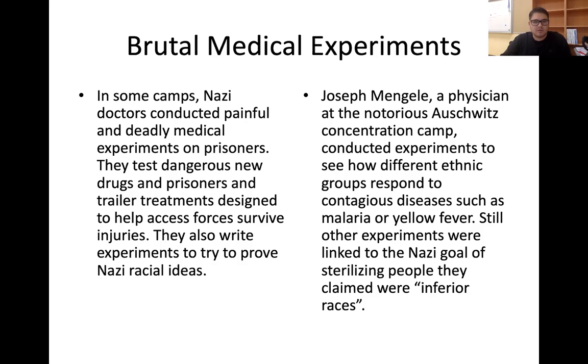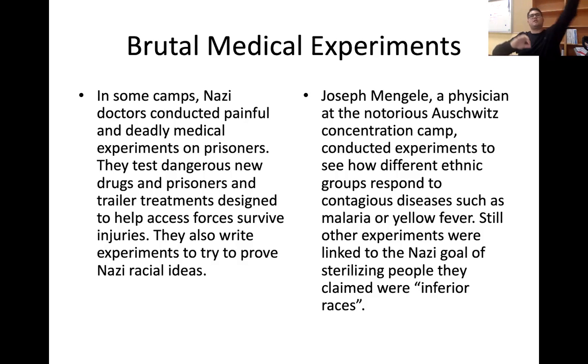So let's talk a little bit more about Joseph Mengele. He's going to be a physician at the notorious Auschwitz concentration camp, conducting experiments to see how different ethnic groups respond to contagious diseases such as malaria or yellow fever. Still, other experiments were linked to the Nazi goal of sterilizing people they claimed were inferior races. So to go back to the idea of keeping that gene pool clean, he's going to try to find a way, right?